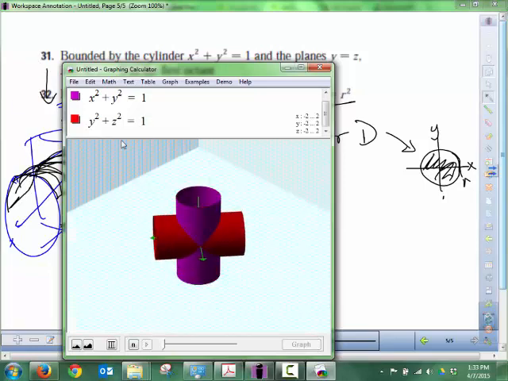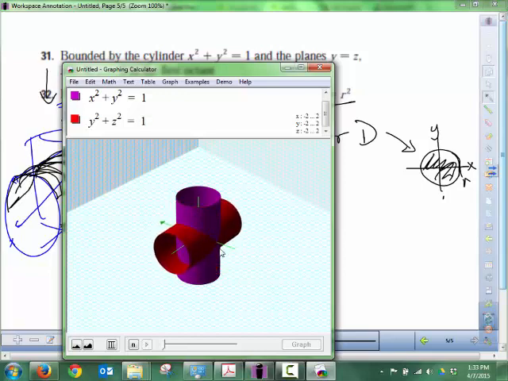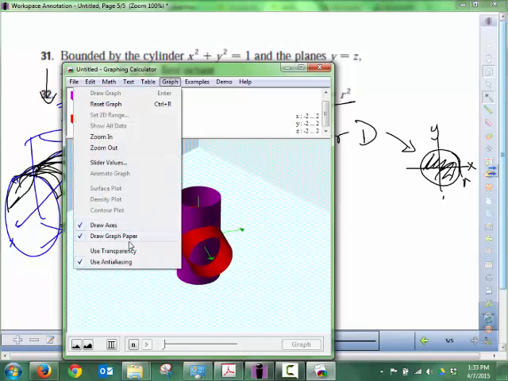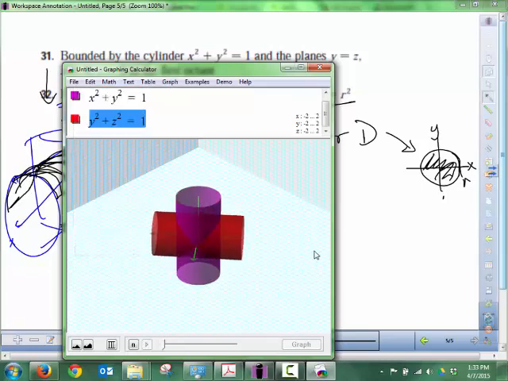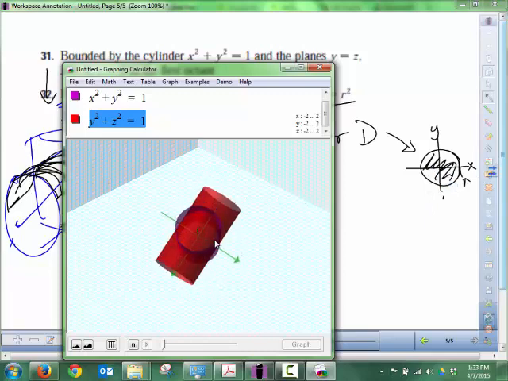So this is the initial graph that we were looking at, right? This is how it looks. And are we agreed that our domain is just a circle if you look at it straight down, and that's all we're seeing, right? Okay.